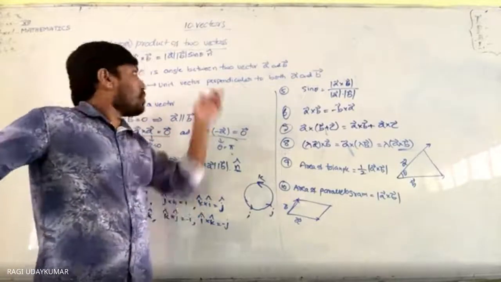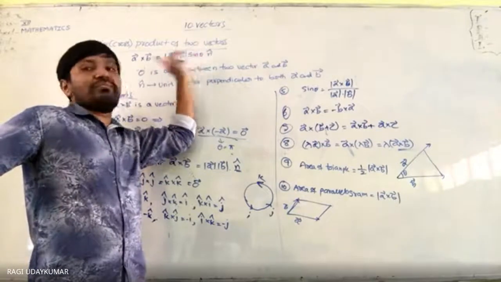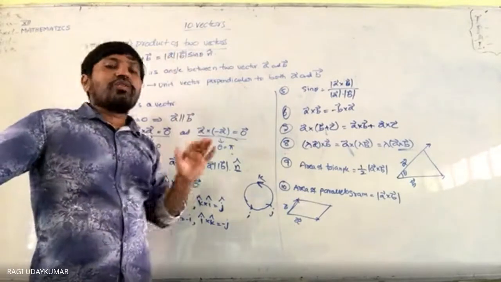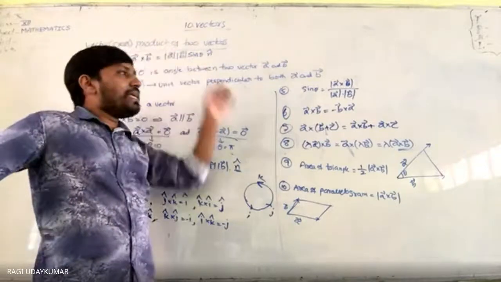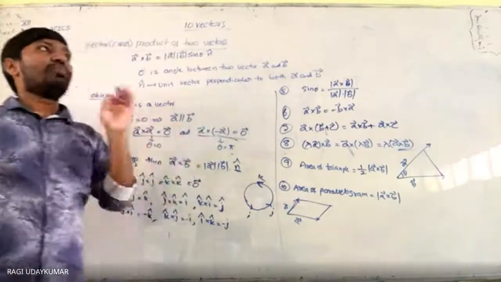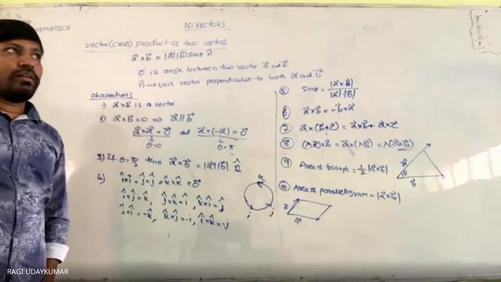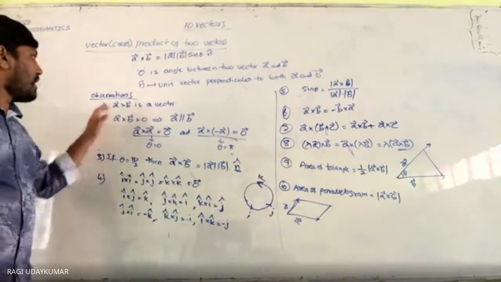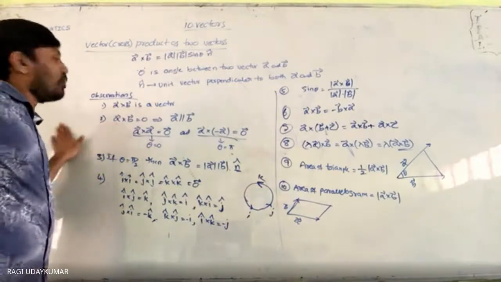Not the complete vector, including the magnitude of a bar and magnitude of b bar. You are not going to make this completely a unit vector. Only n cap is a unit vector which is perpendicular to both the given vectors. Okay? Understood?